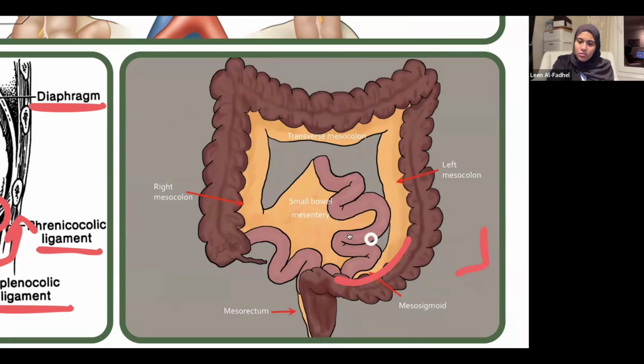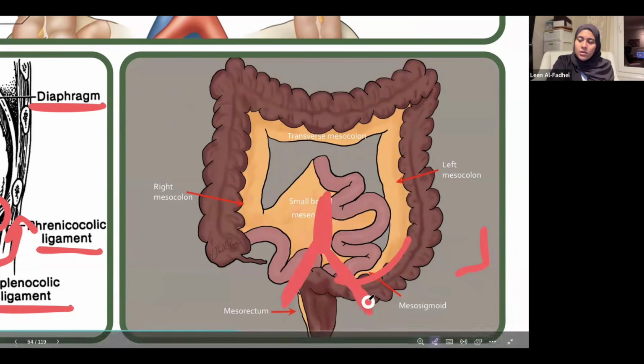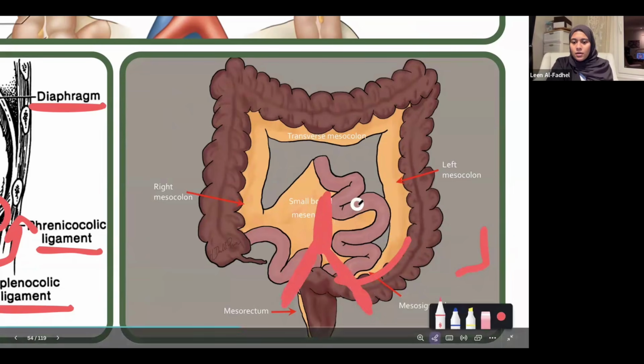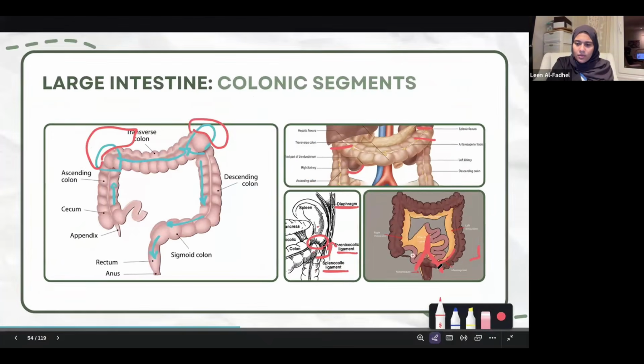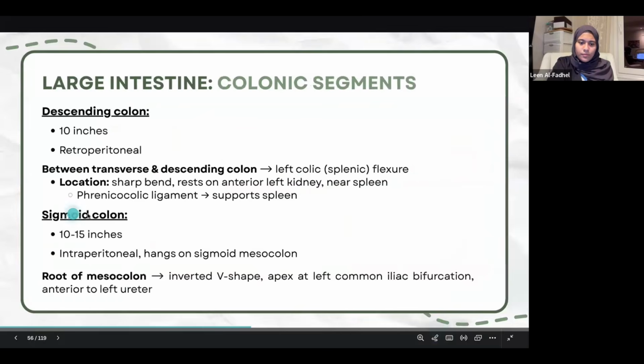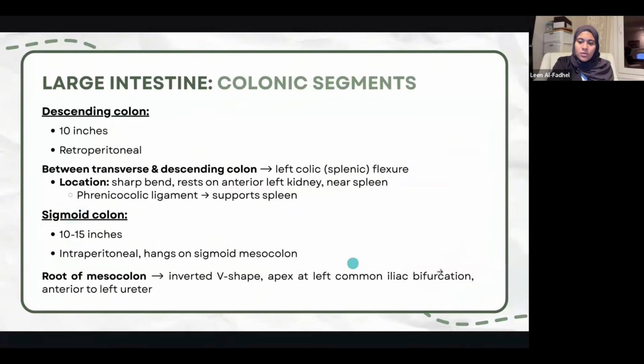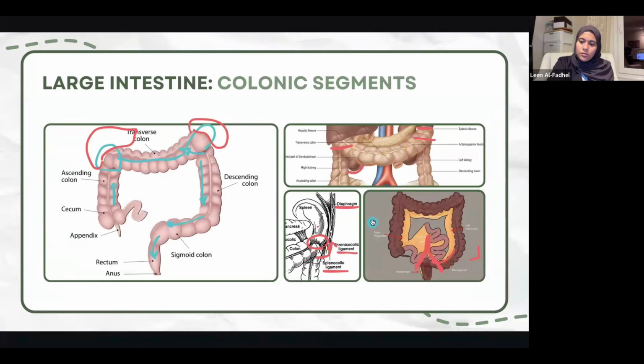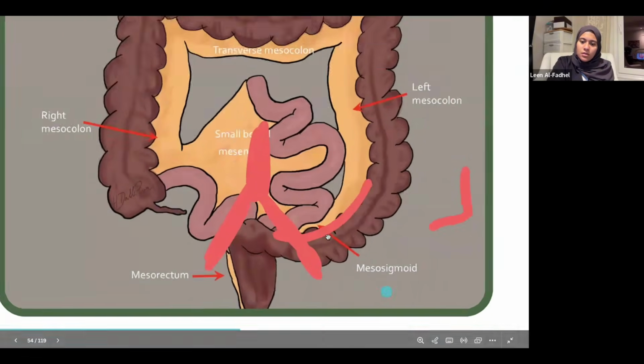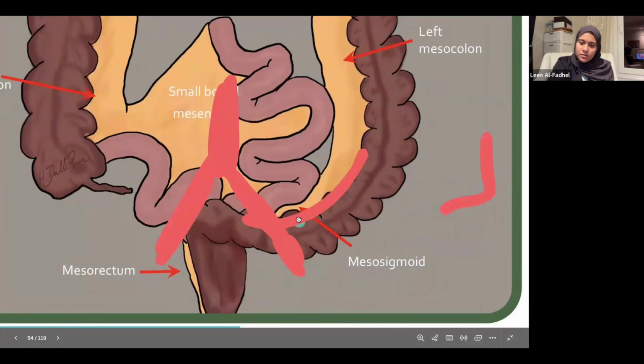It lies at the bifurcation of the left common iliac artery, that's the apex of it, and it's anterior to the left ureter. So you'll find the left ureter sitting right behind it.